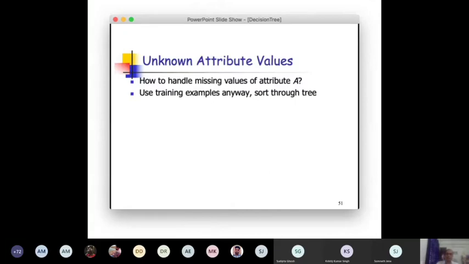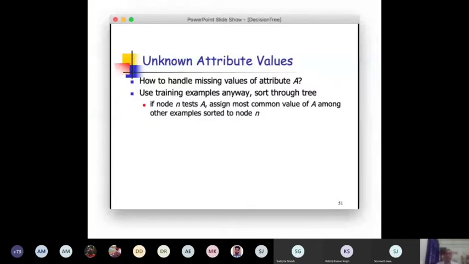And there are several techniques for that. Using the training examples you carry on, that means at each node, for testing that attribute, you have to consider certain techniques for handling missing values.